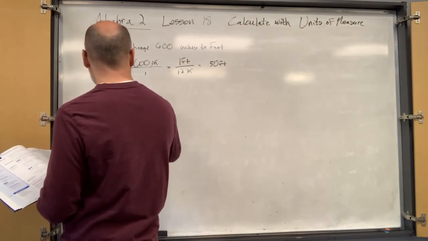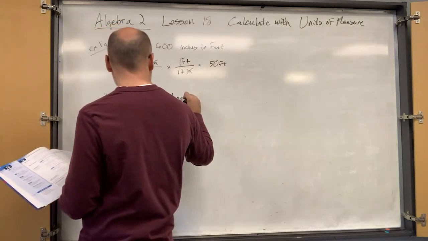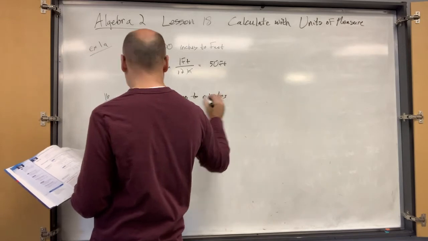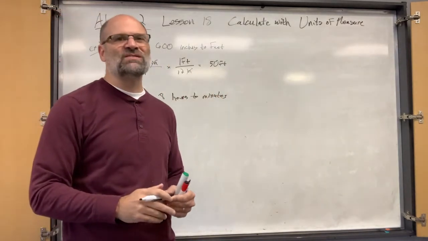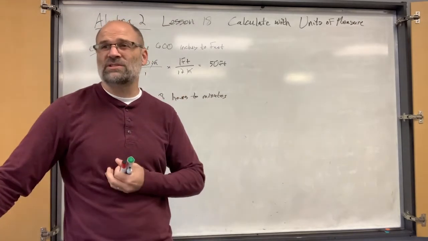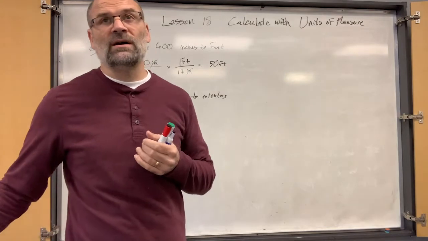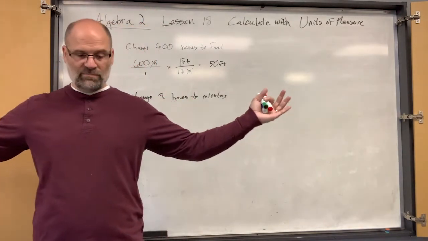All right, I'm going to change 8 hours to minutes. What number is the conversion factor of hours and minutes? 60. Are you going to multiply or divide? Multiply, because you're going from hours, which are bigger than minutes.